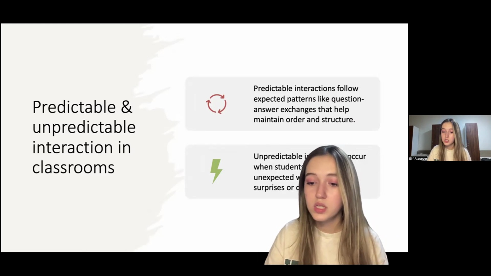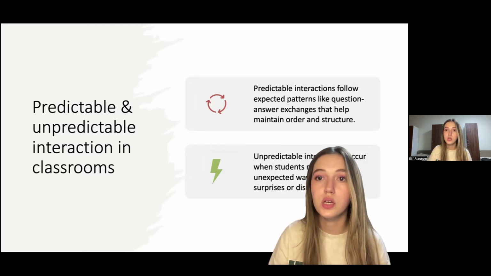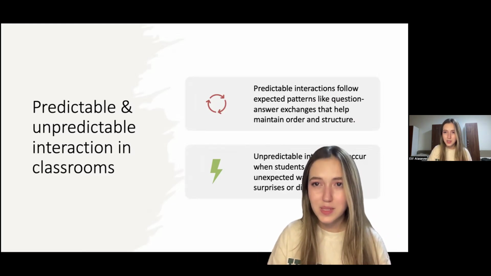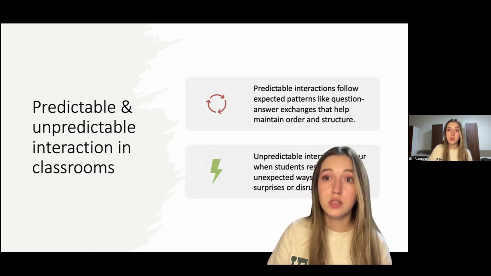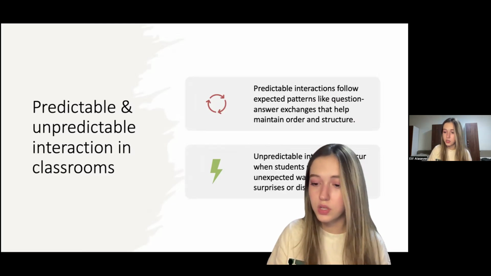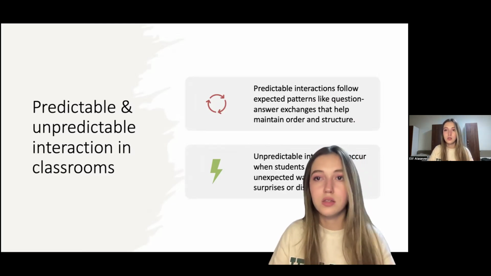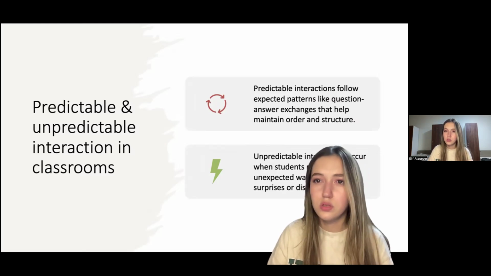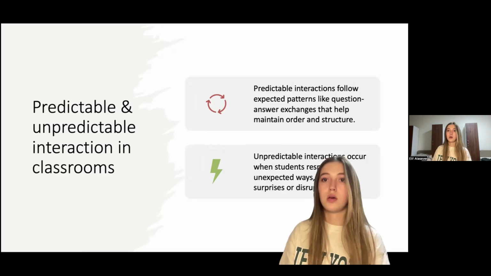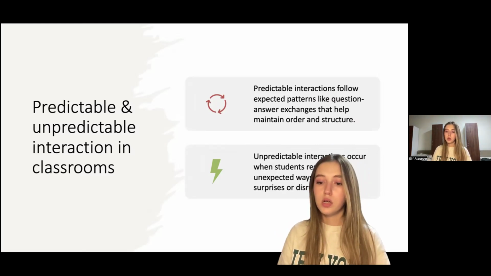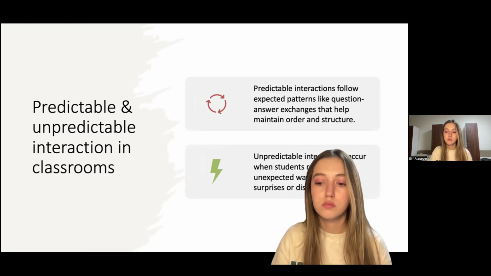And these patterns help class run smoothly, but expectations about them vary across cultures, because when students do not respond as expected, for example, through silence or unexpected answers or unusual storytellings, maybe, teachers often interpret it as a problem, but it can be an opportunity as well.